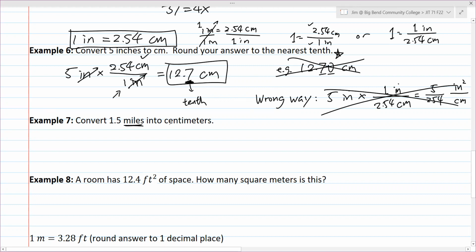Convert 1.5 miles to centimeters. All right, so another useful conversion factor for us to note: 1 mile equals 1,609 meters. M stands for meter. And then another fact we have is 1 meter equals 100 centimeters.